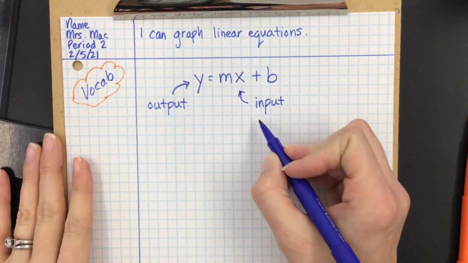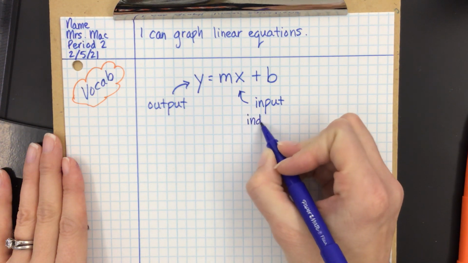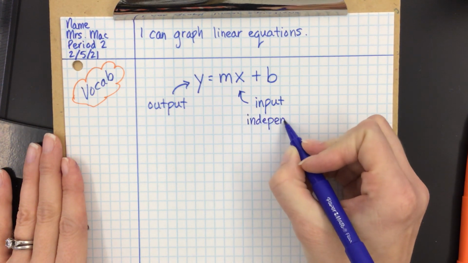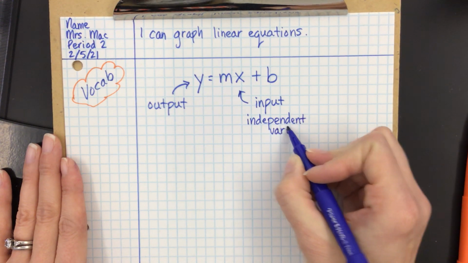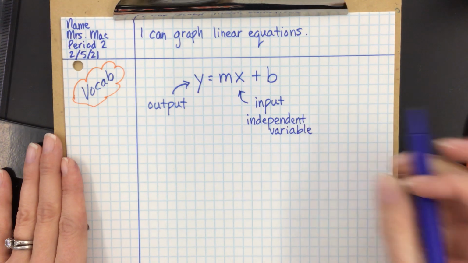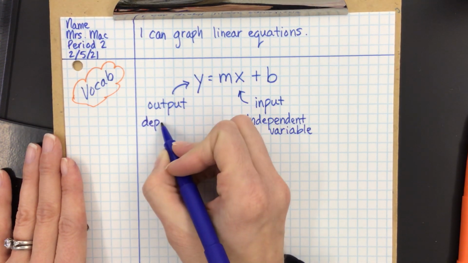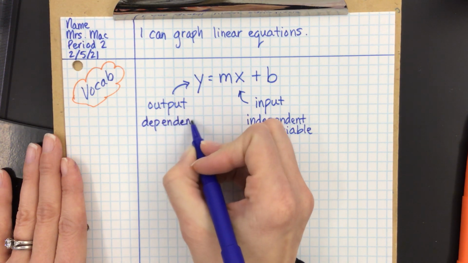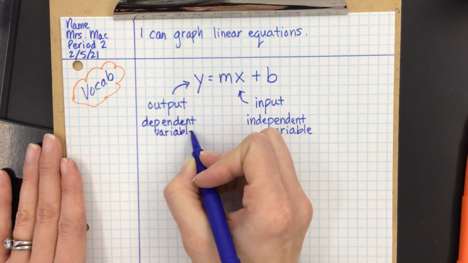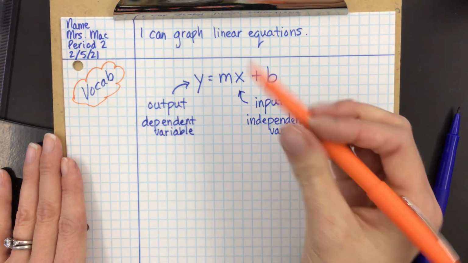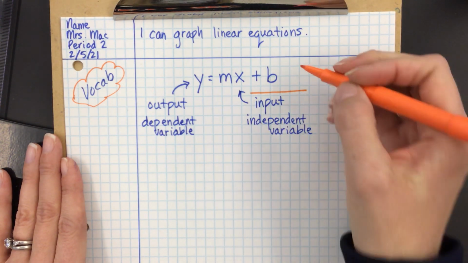And we also call the x the independent variable. And we call the y the dependent variable. And this also has a very logical reason for calling it these things.